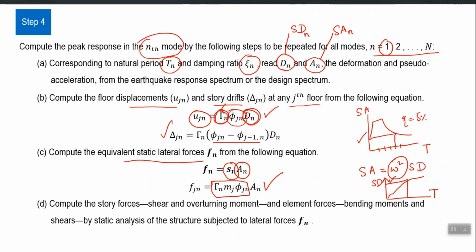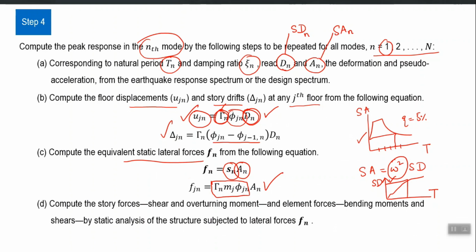The last step is to compute the story forces. All those story displacements are already available, right. But if you apply these equivalent static forces and compute the story displacements as a response, you will get the same Ujn, because the story forces are calculated simply by multiplying those displacements with the K matrix of the structure.